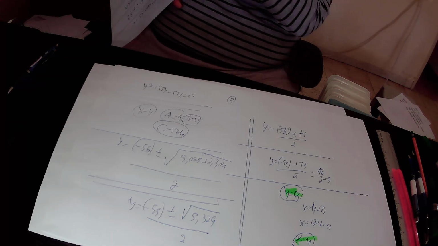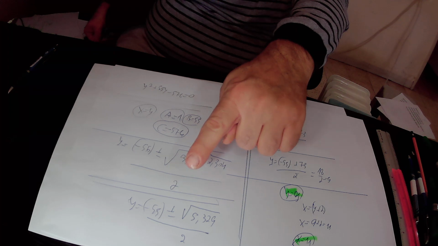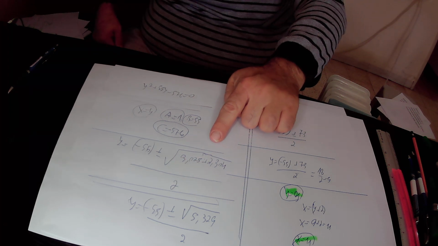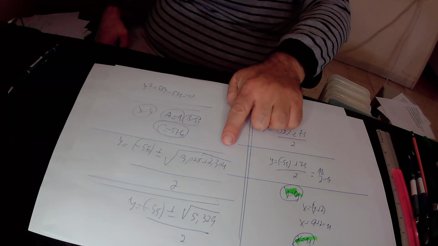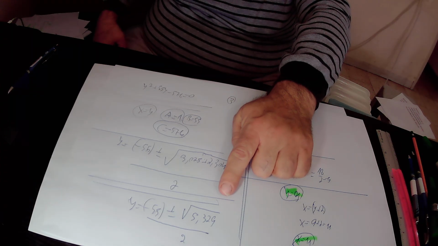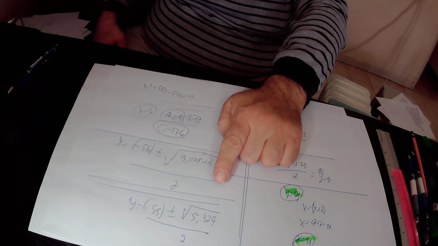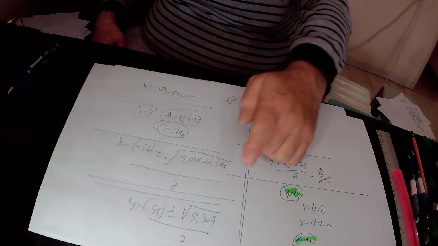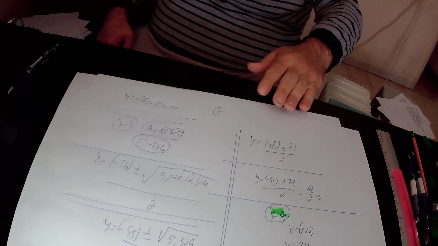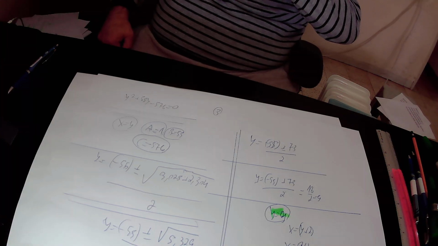So in total we found that y equals minus 55 plus or minus the square root of 3025 plus 2304, which is 5329, divided by 2. The square root of 5329 is 73. So y equals minus 55 plus or minus 73 over 2.